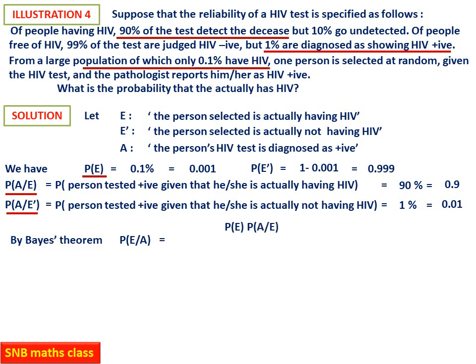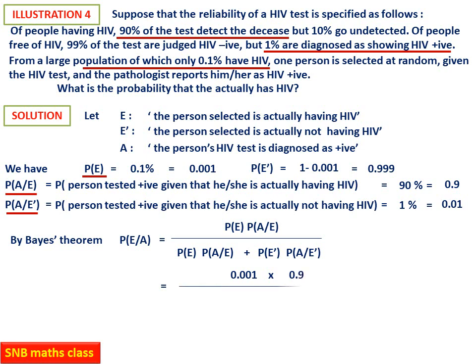Now Bayes theorem, mechanically we can apply: probability E into probability A given E, divided by, there are only two cases, probability E into probability A given E plus probability E complement into probability A given E complement. So substitute: 0.001 into 0.9, divided by 0.001 into 0.9 plus 0.999 into 0.01.